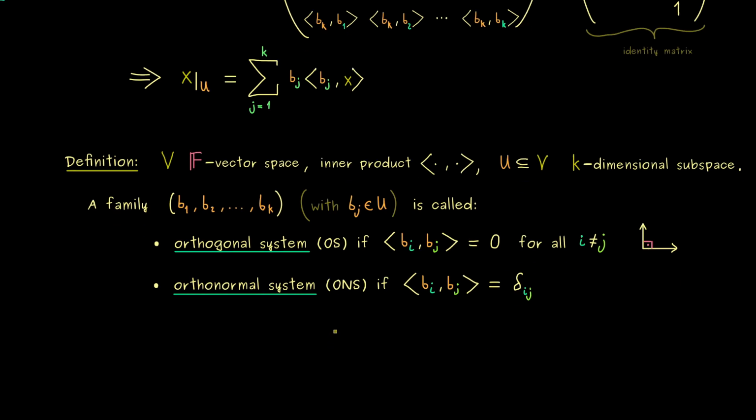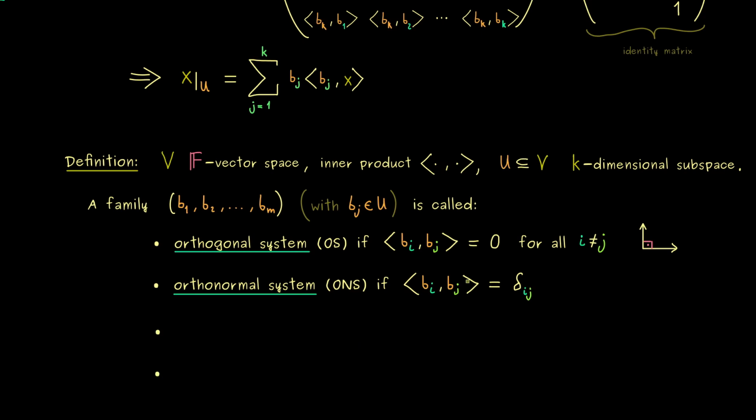Now, at this point you might realize that we didn't say anything about a basis yet, and the reason for that is that these two cases are more general. In fact, they can also make sense if we change the number of elements in the family. So for a basis we need exactly k vectors, but for an orthonormal system we could have fewer vectors.